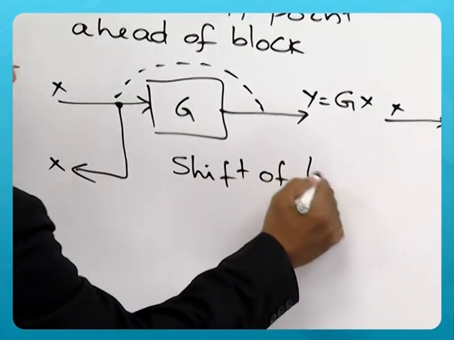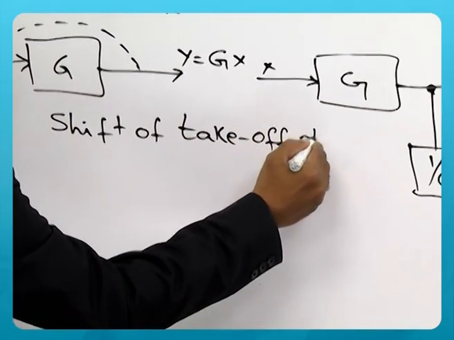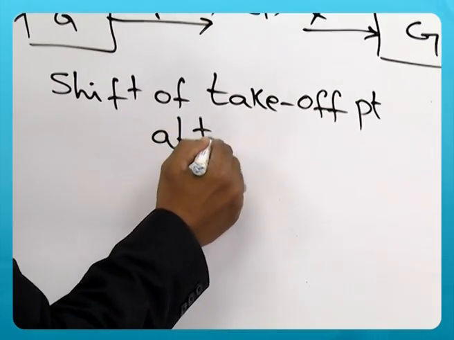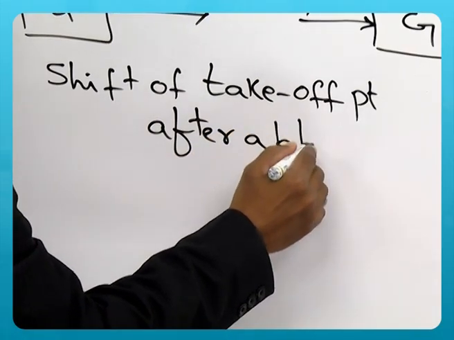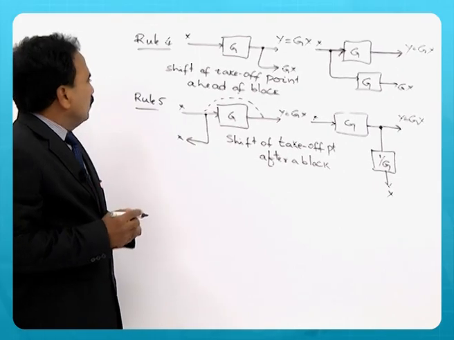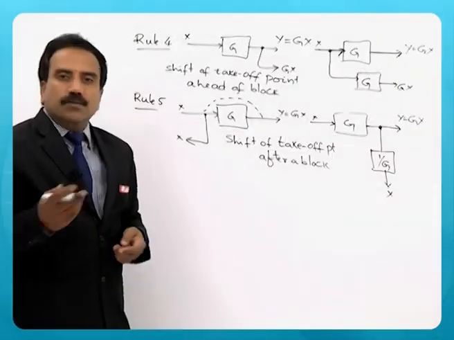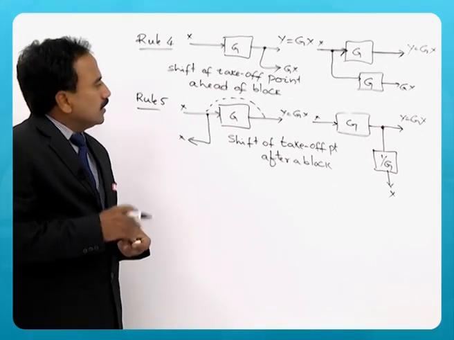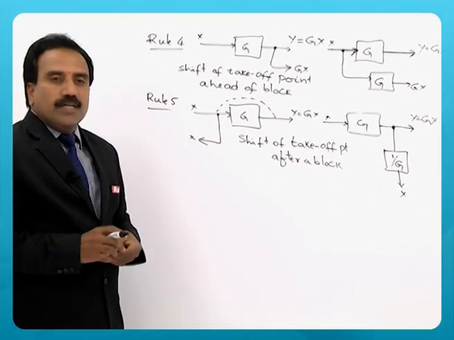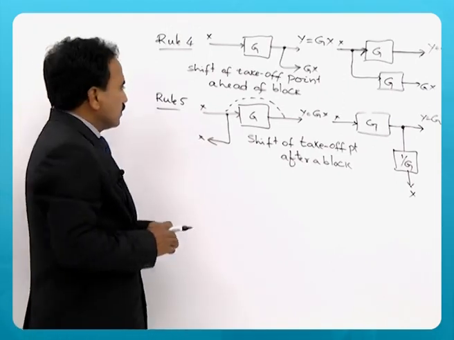Shift of takeoff point after a block. So, this is rule 5, but addition of blocks is coming into the system, but still that helps us to simplify the given complex block diagram. We need to see with some examples.